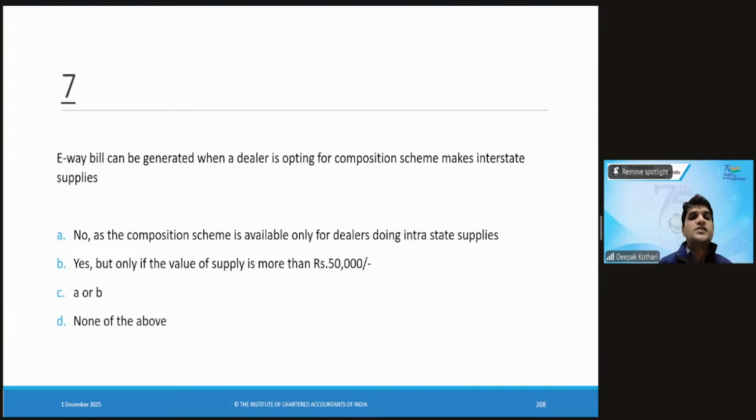An e-way bill can be generated when a dealer opting for composition scheme makes an interstate supply. Will the e-way bill portal allow a composition dealer to raise an e-way bill for a supply to another state?